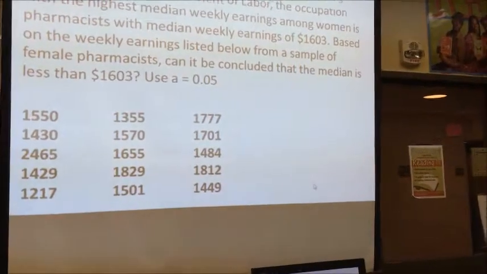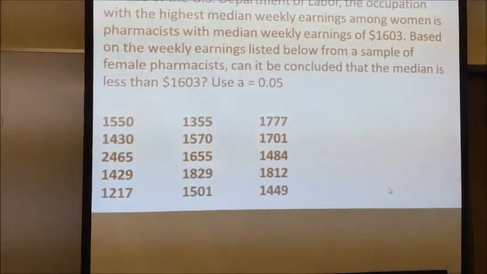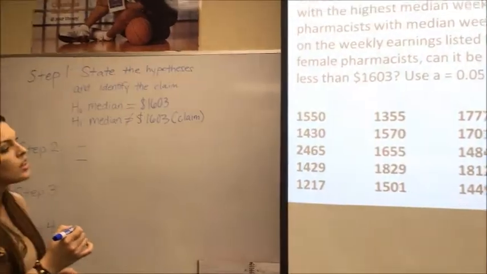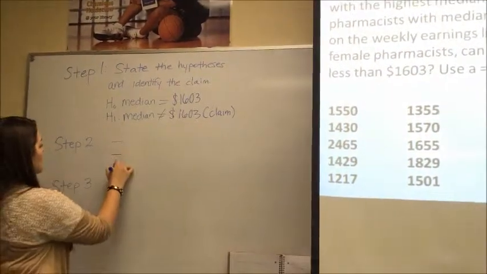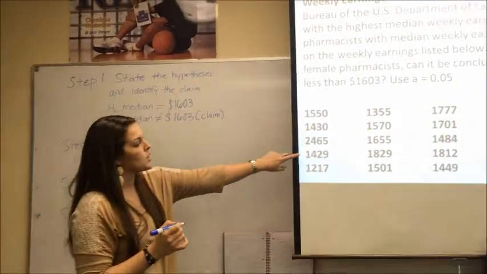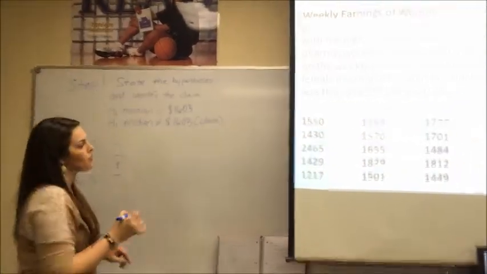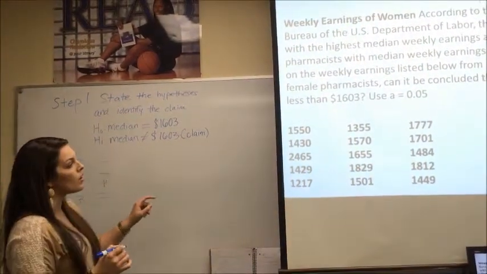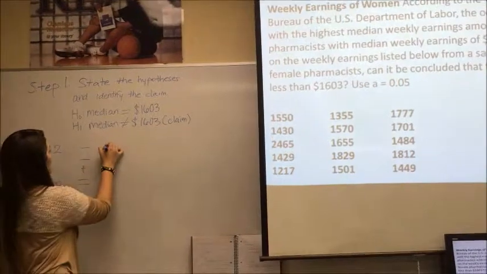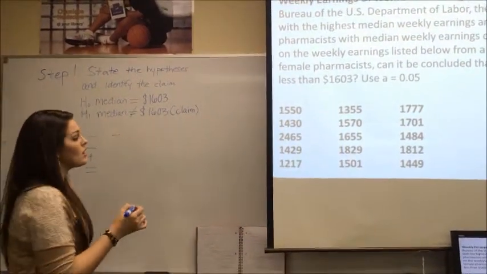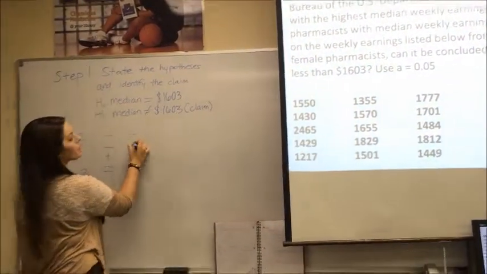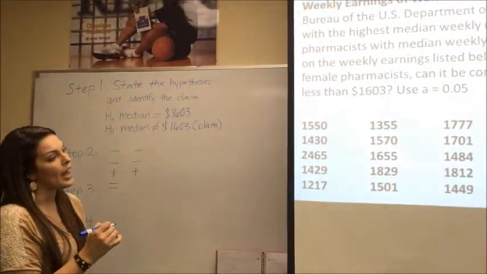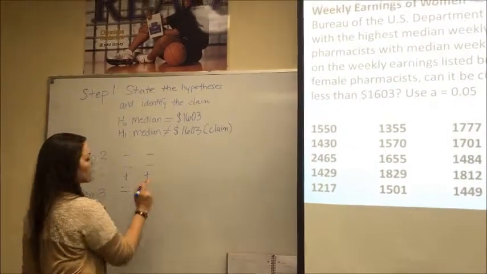1550 is less than 1603. 1430 is less than. 2465 is greater than. 1429 is less than. And 1217 is less than. 1355 is less than. 1570 is less than. 1655 is greater than. 1829 is greater than.